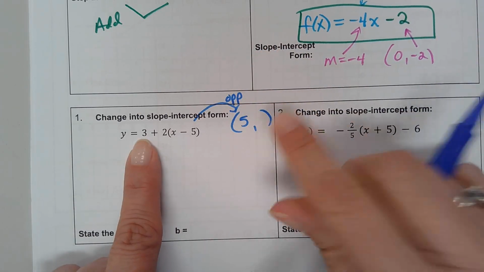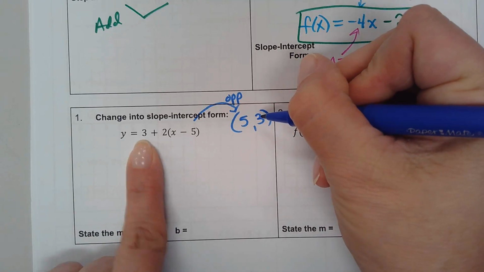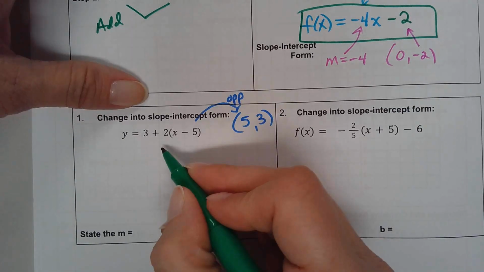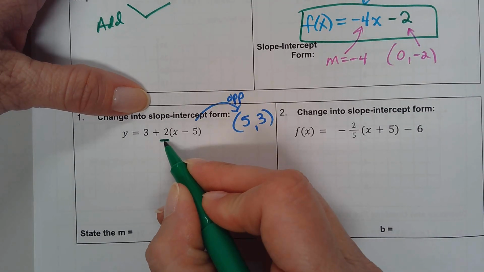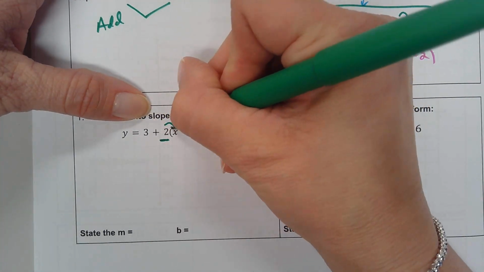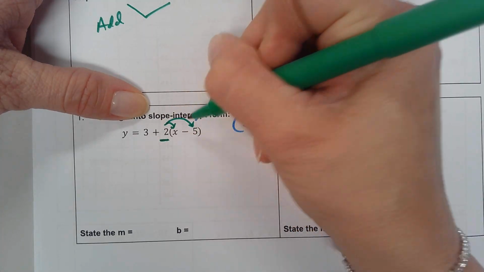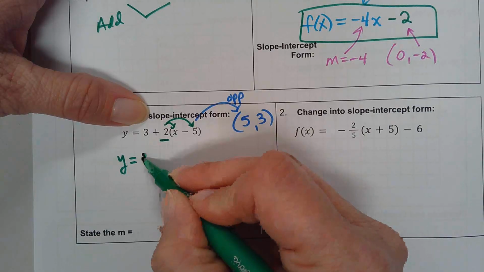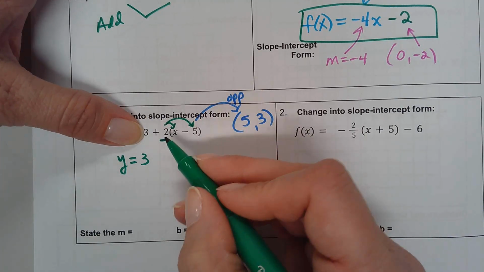The y number is always alone. But now we are going to change it. So let's find the slope, which is 2. +2 gets distributed. So y equals, drop down the 3.